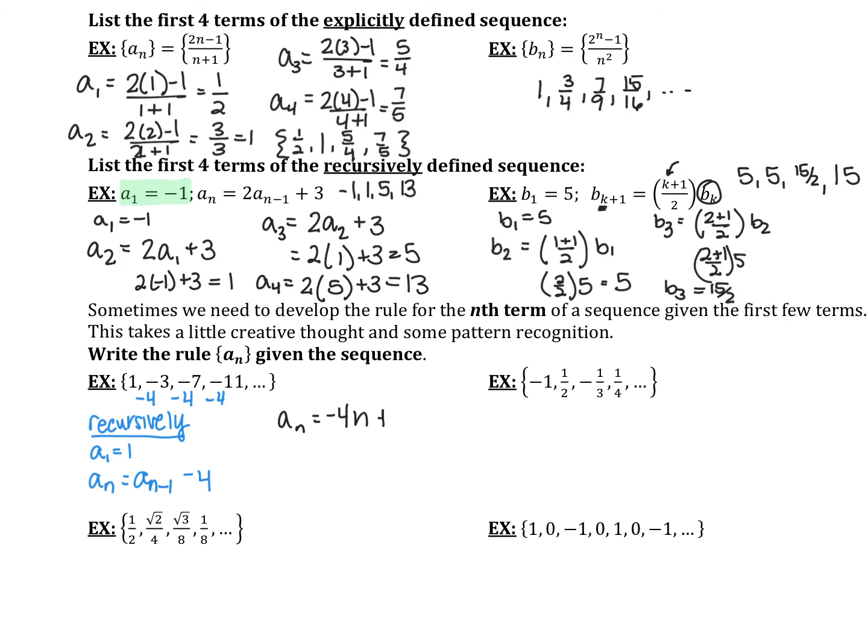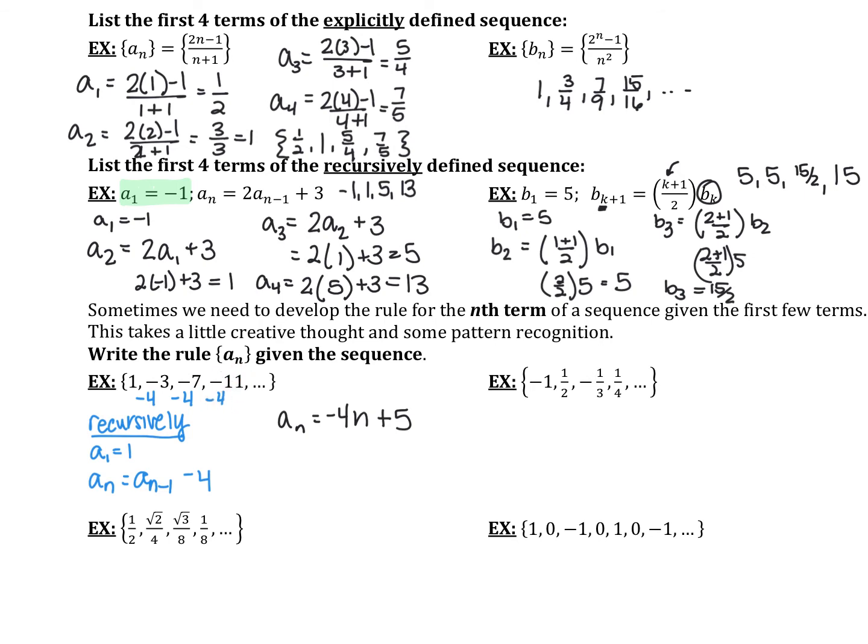Well, if I add 5 to each of these, let's try it. If I substitute in 1, I should get 1 back out. -4 times 1 is -4. -4 plus 5 gives me +1. Great, but don't assume that that's the answer until you check a couple more. Like, let's say I plug in 4.